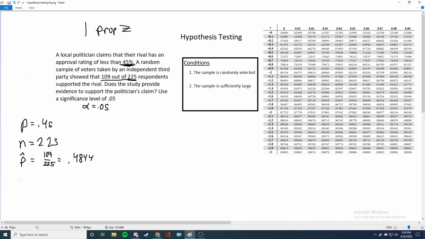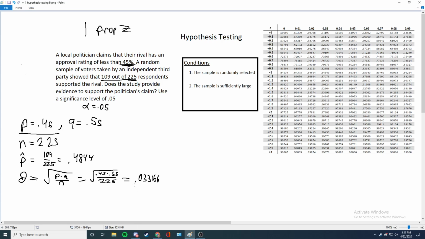Now we need the standard deviation, which we can get from the square root of p times q all over n. Our q we can get from the p up here, so 1 minus p is q, so our q in this case is 0.55. So our standard deviation will be the square root of 0.45 times 0.55 all over our n, which is 225. And I worked that out to be 0.033166.